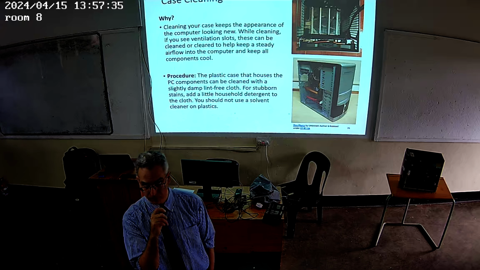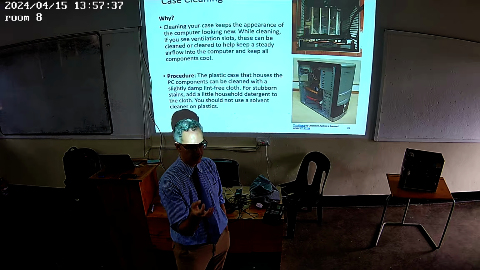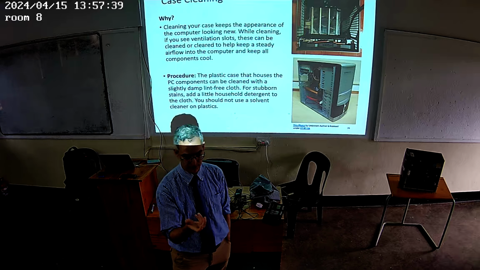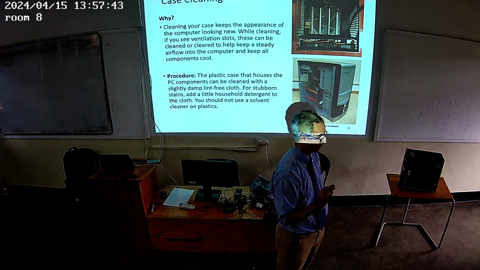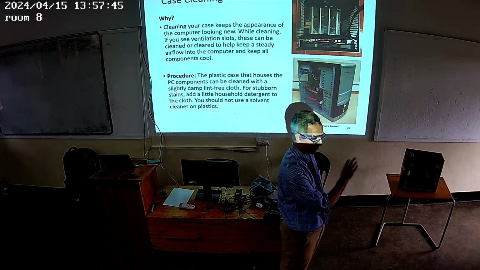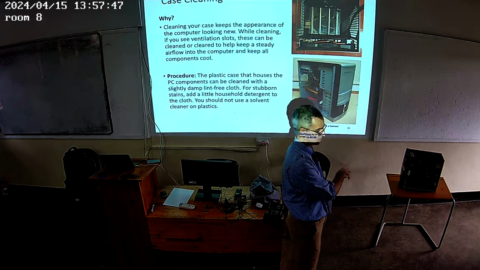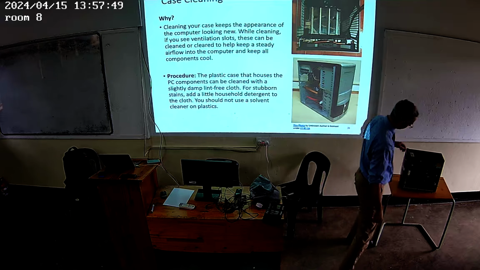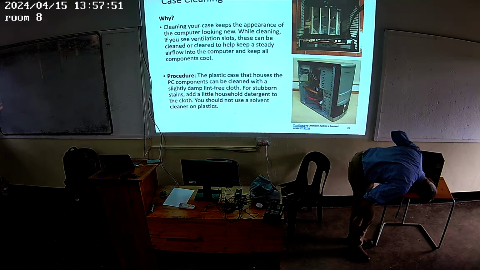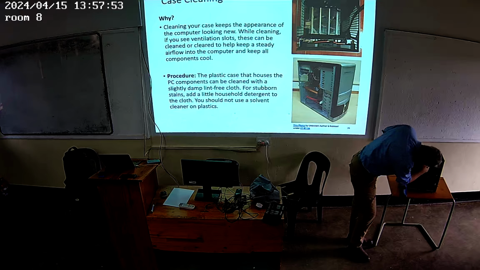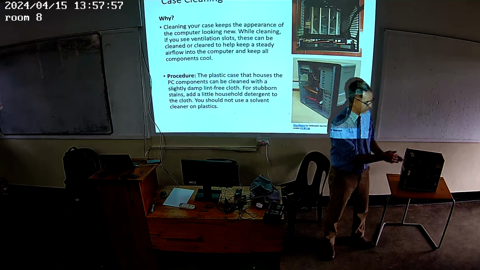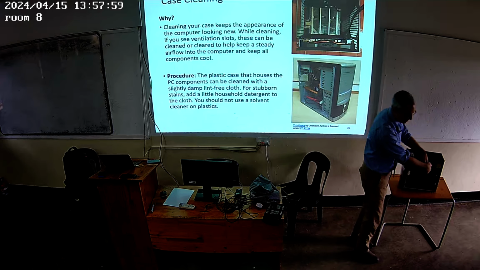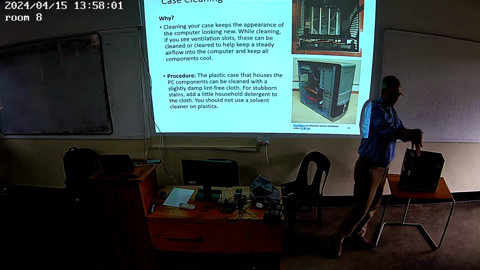I don't think it creates static electricity, so in a way it's safer. I would still be very careful about using it on a motherboard or the electrical circuit part. But for example, I want it clean on the back here, or in there, or inside the fan, like the fan blade. The fan blades are curved away from me, so I have to get in there and clean the surface. The toothbrush would be very good.